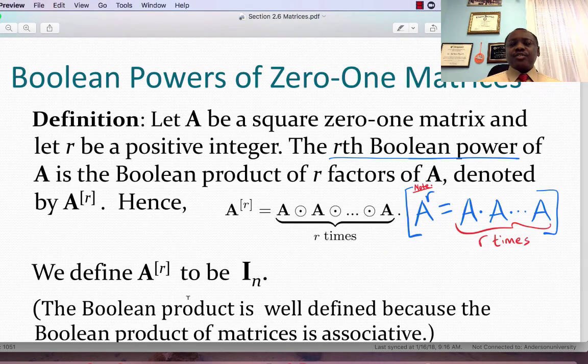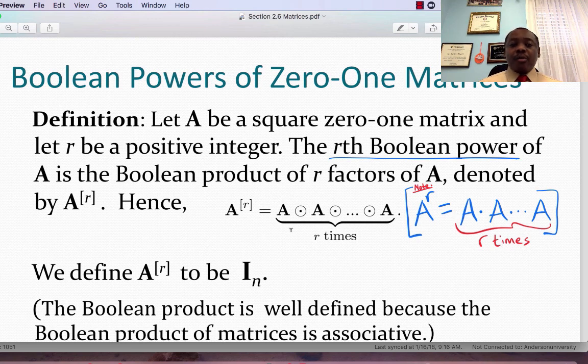Just as we introduce the powers of matrices, we can also introduce Boolean powers of 0, 1 matrices. And actually, this is probably cooler because we would discover something as we go through this. In regular matrix multiplication, we use the notation A to the R, which was A times A times A times A, R times.